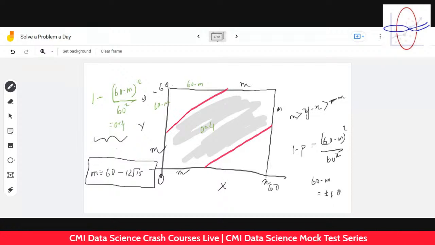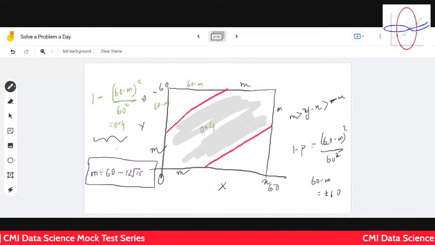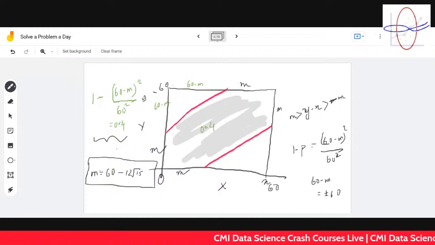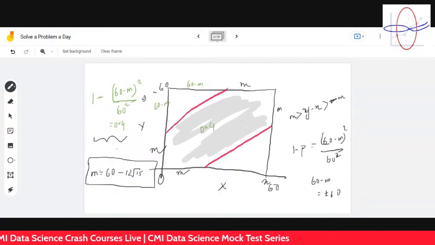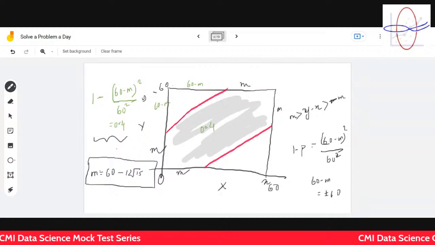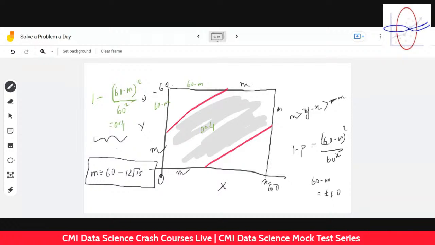I think m equal to 0 is the only solution, and m equal to 120 minutes, that is 2 hours. If they stay for 120 minutes, then of course they will meet, so this is not a plausible solution because they are coming between that. If m equals 0, then they will never meet, and that is not going to happen. So there is always some probability of them meeting.